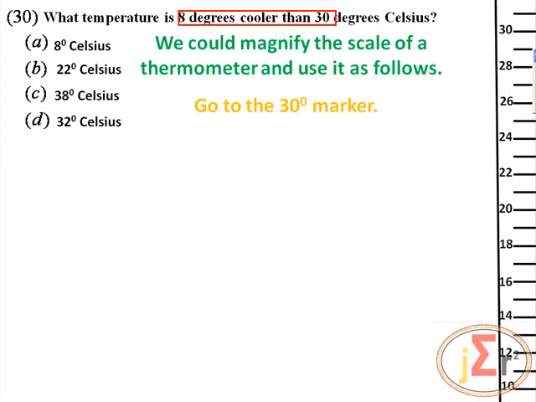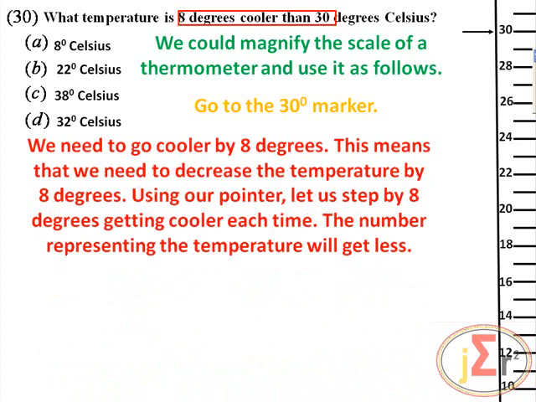Go to the 30 degrees marker. Where do we have 30 degrees? Right there. So we go to 30 degrees. We need to go cooler by 8 degrees. This means that we need to decrease the temperature by 8 degrees.